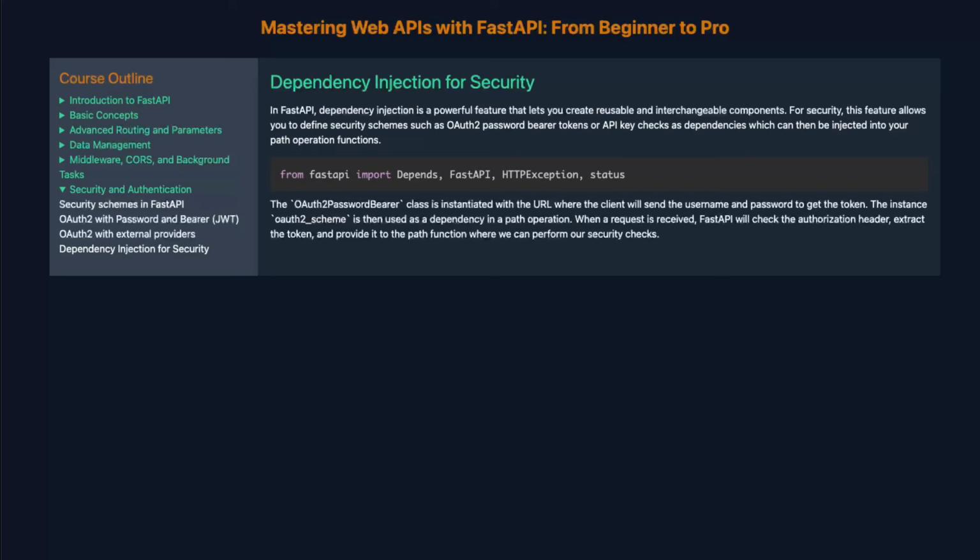The OAuth2PasswordBearer class is instantiated with the URL where the client will send the username and password to get the token. The instance oauth2_scheme is then used as a dependency in a path operation. When a request is received, FastAPI will check the authorization header, extract the token, and provide it to the path function where we can perform our security checks.